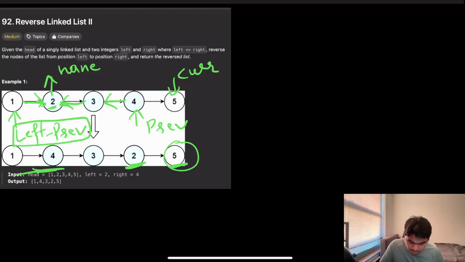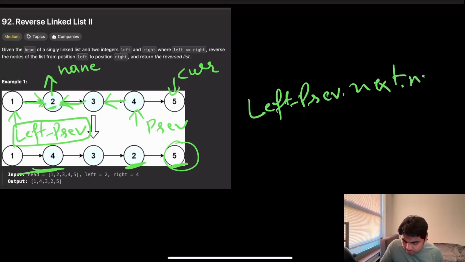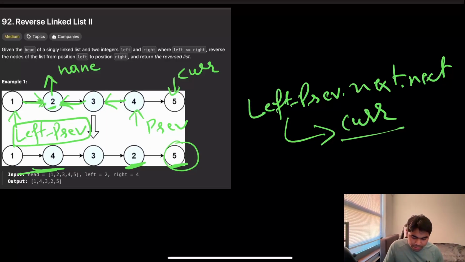So what I'll do is point left prev dot next, which is 2, and set 2's next to cur. This is the current right here, so 2 will point to 5, and this will get set.